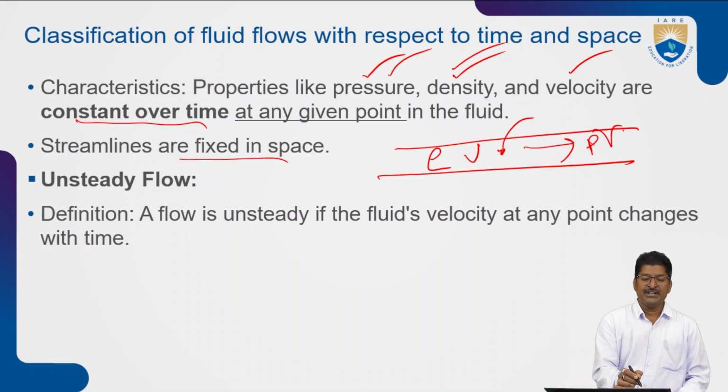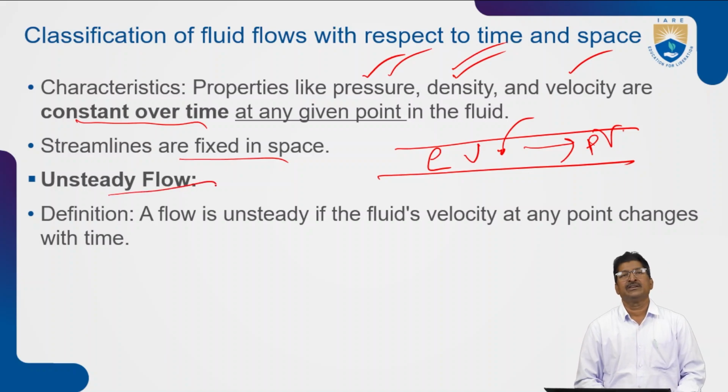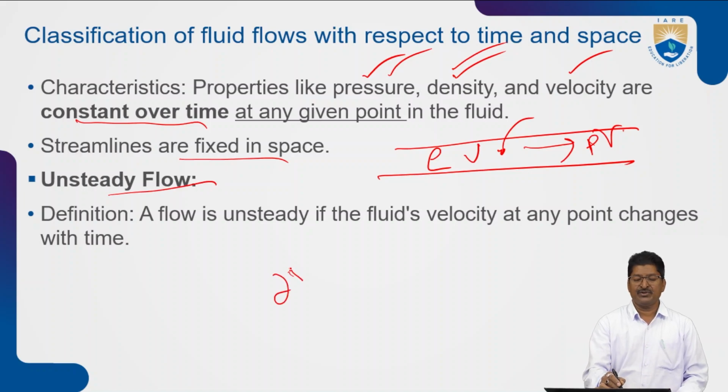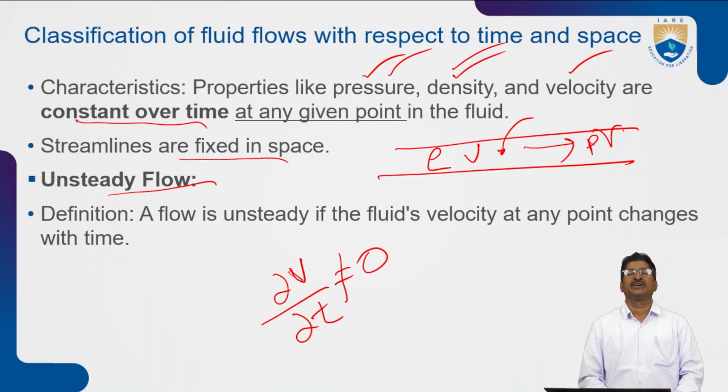Okay. So unsteady flow. So it is the reverse of this steady flow definition. So what is the steady flow definition? ∂V/∂t = 0 is the steady flow. So if you put not equal to 0, then it is the unsteady flow. What does it mean? The velocity will change with respect to time.